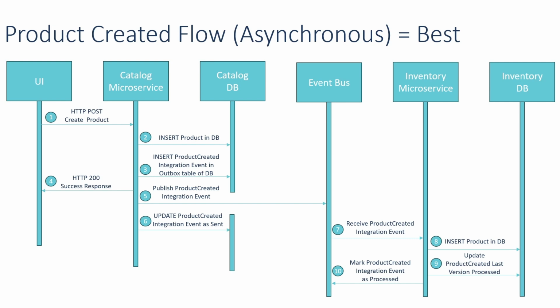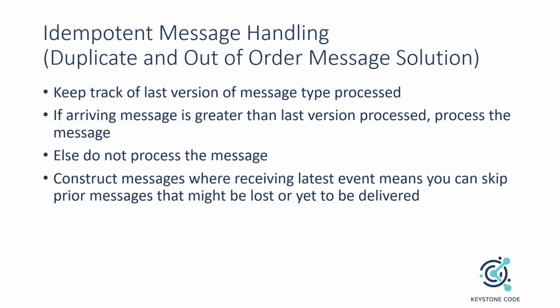And let me come back to this, which is idempotent message handling, which handles two situations where we could receive duplicate messages via what I just talked about. And we could also receive messages out of order because, as you know, when things go out on the network, even though we send them out in a particular order, that doesn't mean they're going to arrive at their destination in the same order. So we could end up in a situation where events are actually arriving at the event bus out of order.